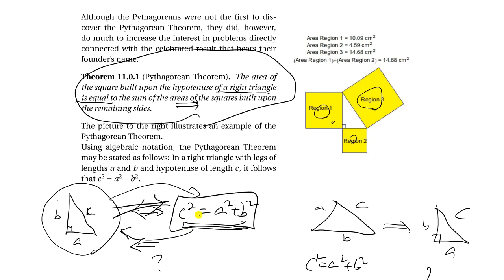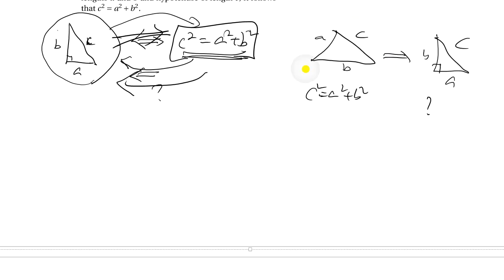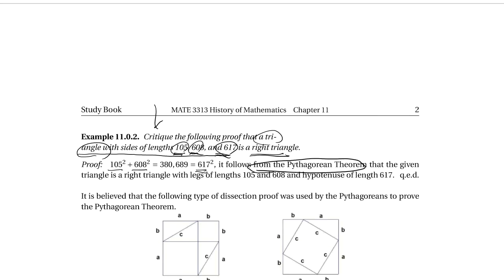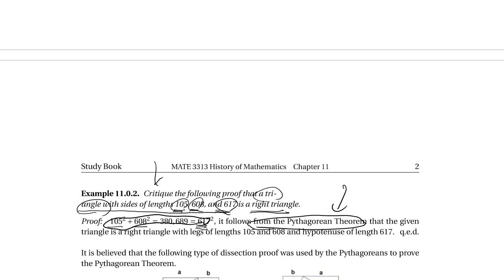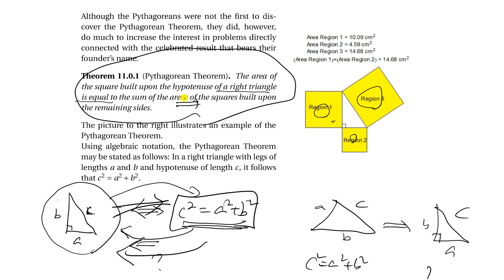It doesn't claim the backward, the converse, but in this example, this person used the Pythagorean theorem in the reverse way, because that expression is working, therefore the triangle must be a right triangle. It's not valid, okay? Because the statement itself is only one direction.